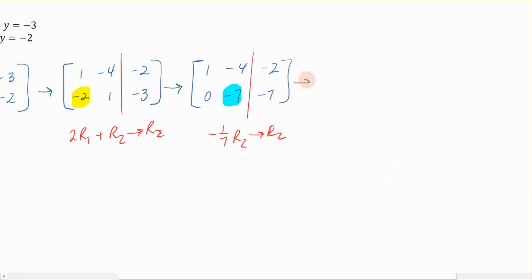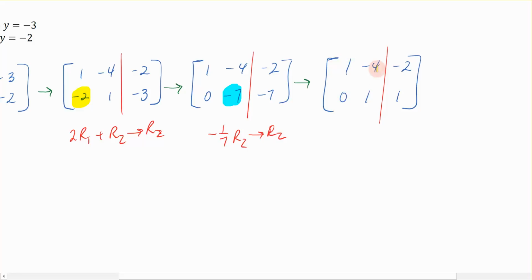And when I do that, row 1 is not changing yet. 1, -4, -2. Now, 0 times -1/7 is still 0, which is good because I wanted it to be a 0 here. -7 times -1/7 is a positive 1. And -7 times -1/7 again is a positive 1.